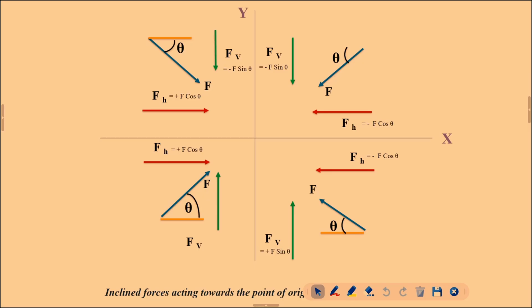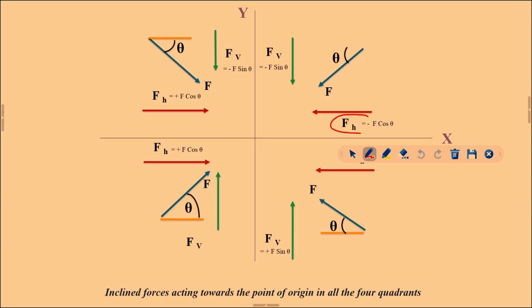Now, we saw only the one case, but from the application point of view, the forces may act in all four quadrants. Suppose we start from the first quadrant, the horizontal force is acting in this direction, that is from right to left. Why?